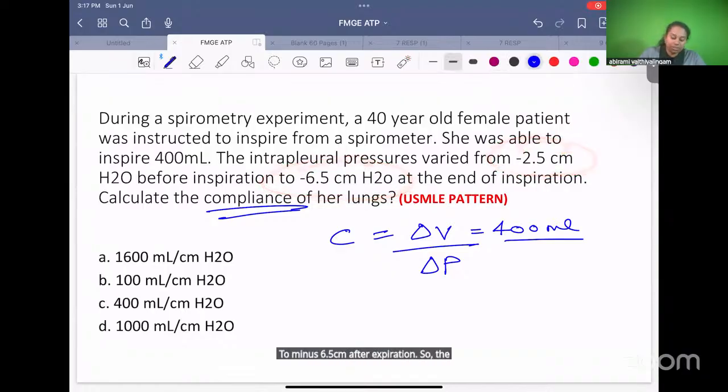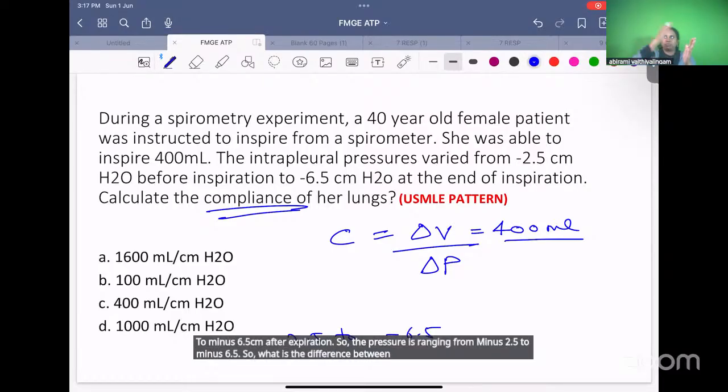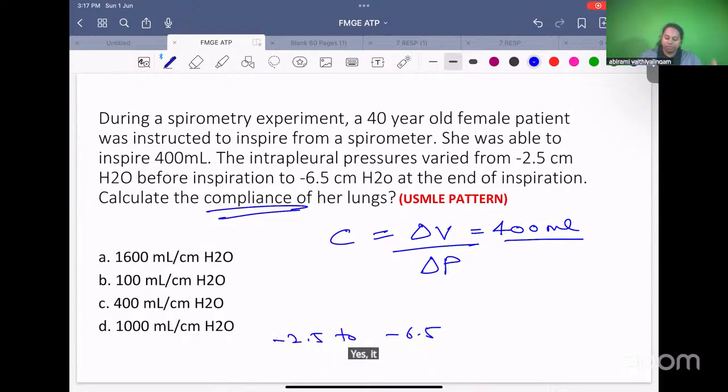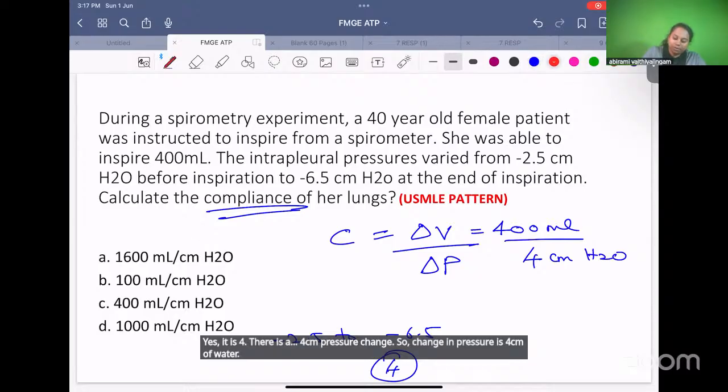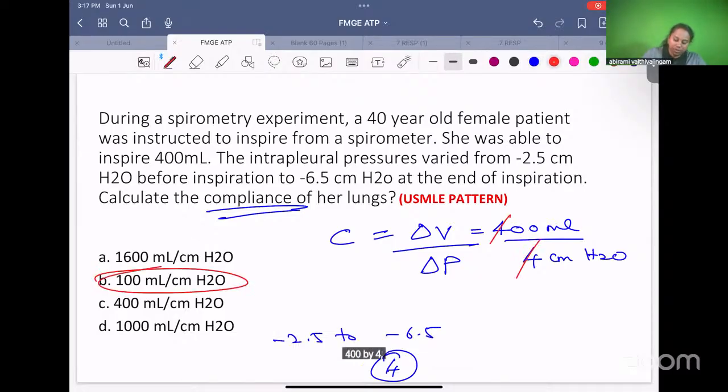What is the difference between minus 2.5 and minus 6.5? Yes, it is 4. So the change in pressure is 4 centimeter of water. 400 by 4 gives you 100 ml per centimeter of water.